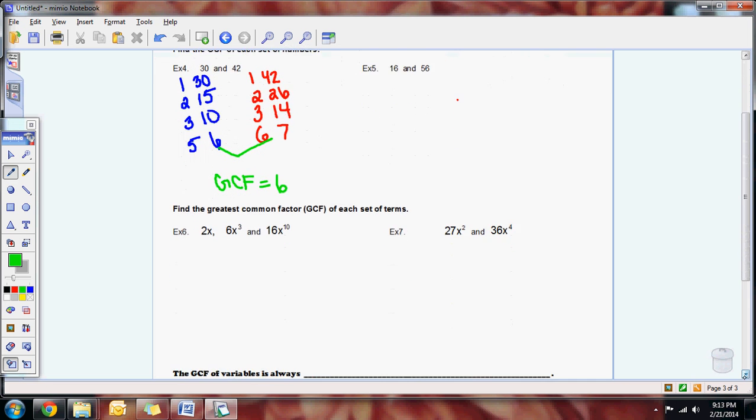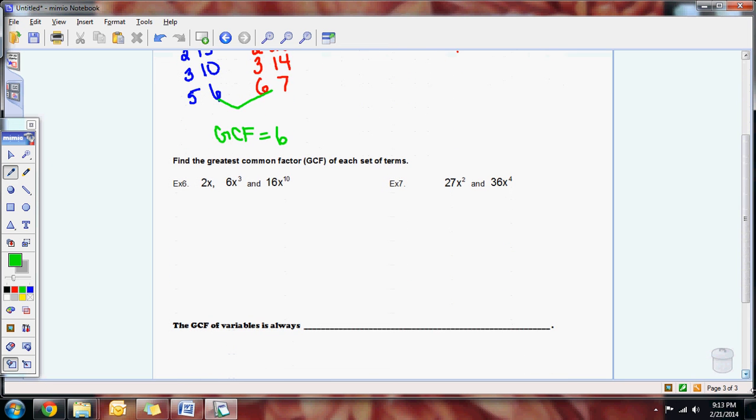And then sometimes you might see me ask you greatest common factor with variables. So let's try, I'm going to show you the shortcut with this one. 2 is my only number. 2 is a prime number, I'm sorry.